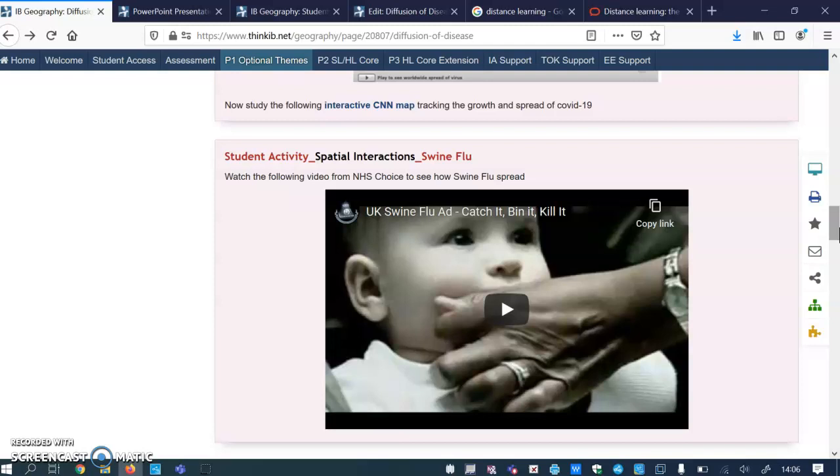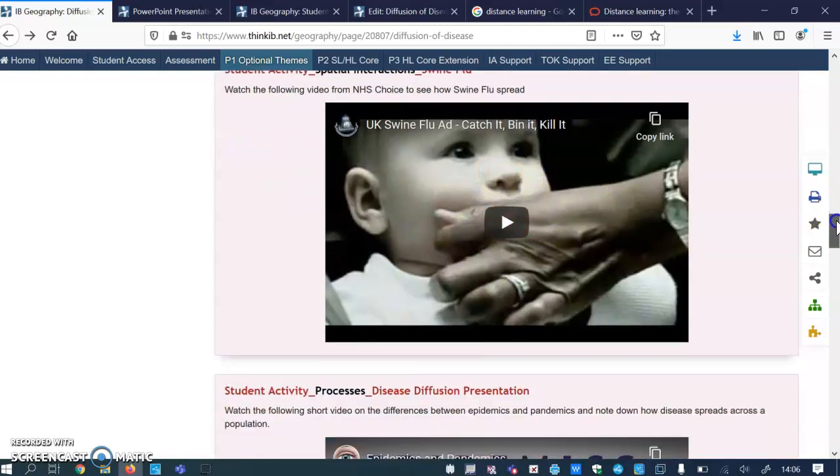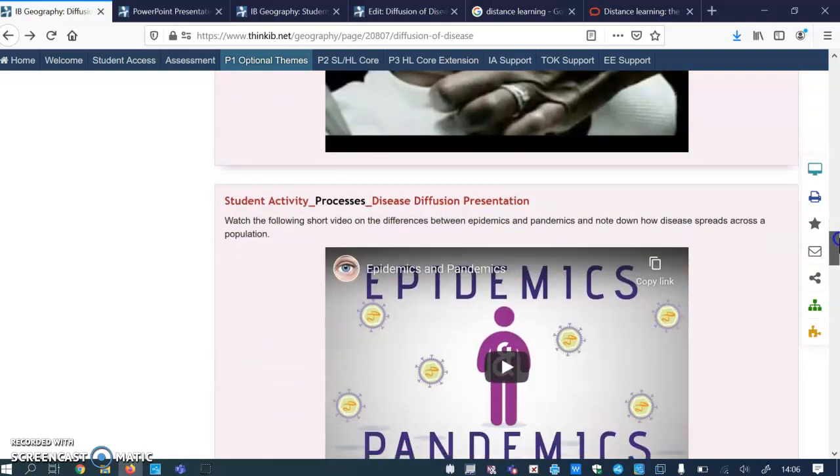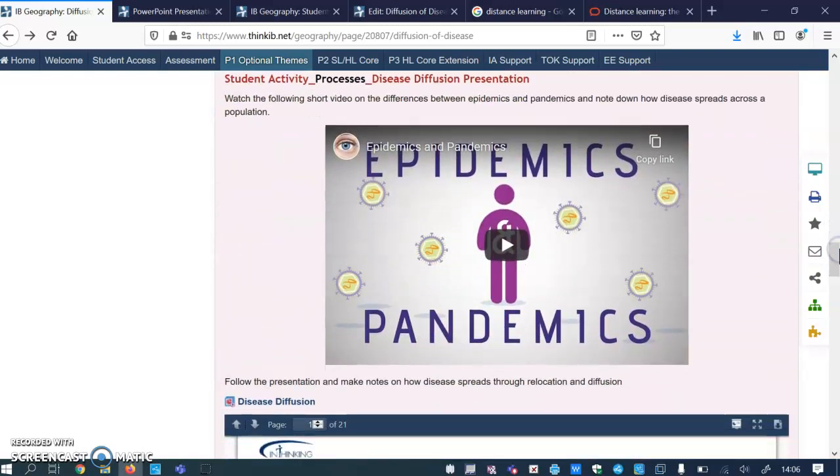So how do these diseases spread? Well, these viral infections and flus spread, of course, through our body fluids, and this very graphic video shows that. And then it goes on to talk about the difference between epidemics and pandemics. An epidemic is within a country, a national context, where we see uncontrolled transmission of a disease across a population.